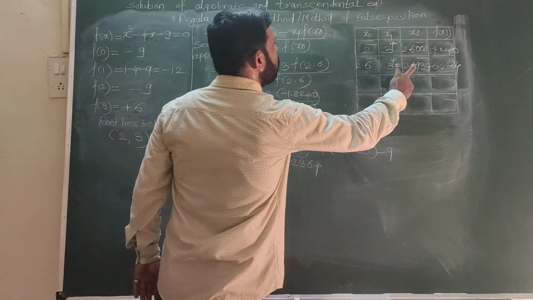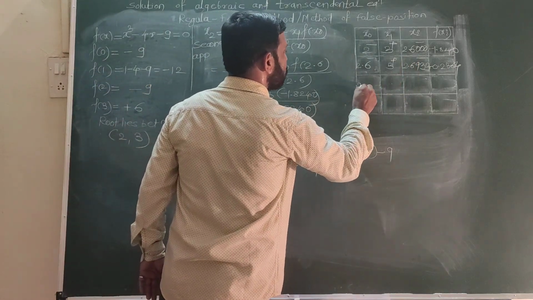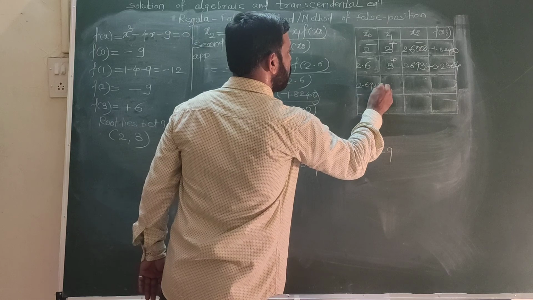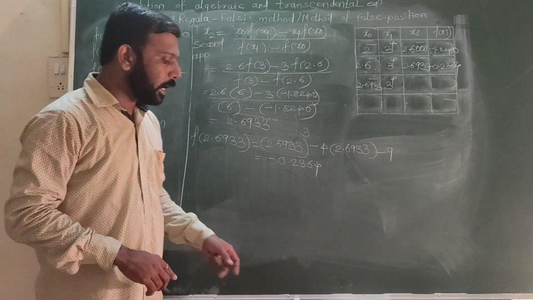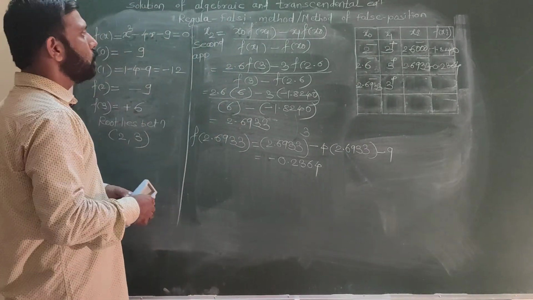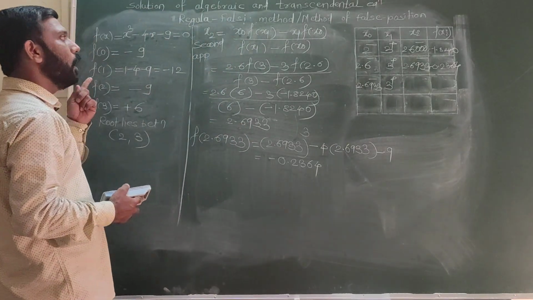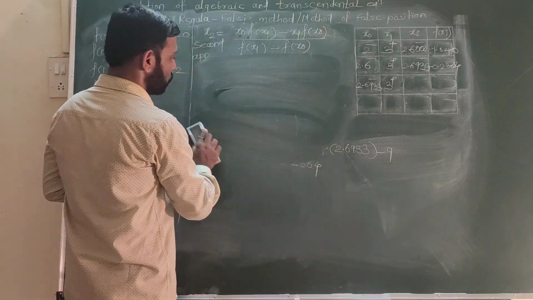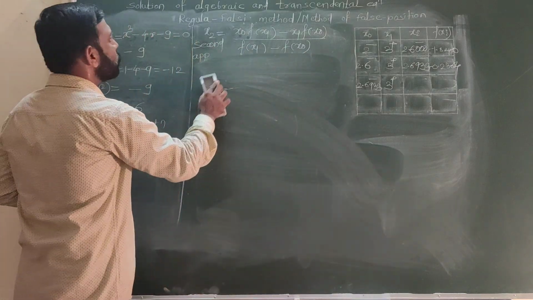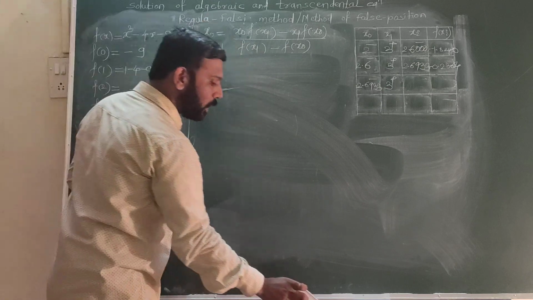Now the next interval becomes minus and plus: 2.6933 and 3. This technique we actually use for two methods, RF, regula falsi, and the bisection method. So the second approximation is completed.